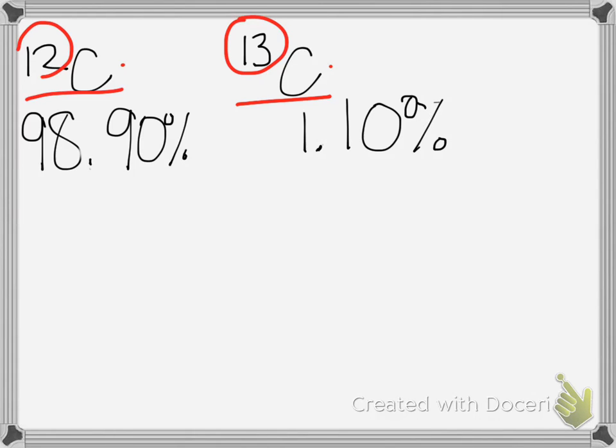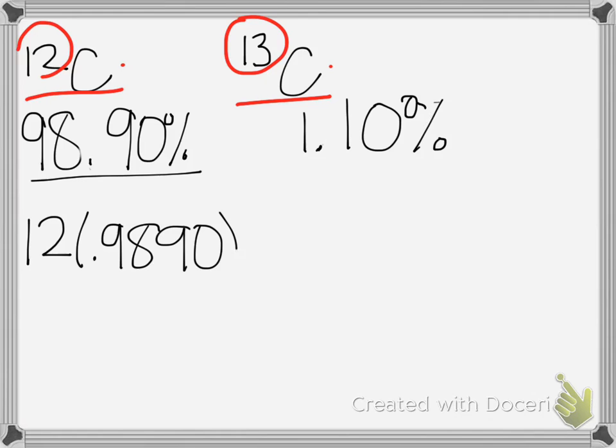Now, let's look at those steps again. Step 1 being to multiply each isotope by the atomic mass that we are given. So our first one is we are going to multiply 12 by our percentage of abundance, but remember that has to be in decimal form, so that's going to be 0.9890.